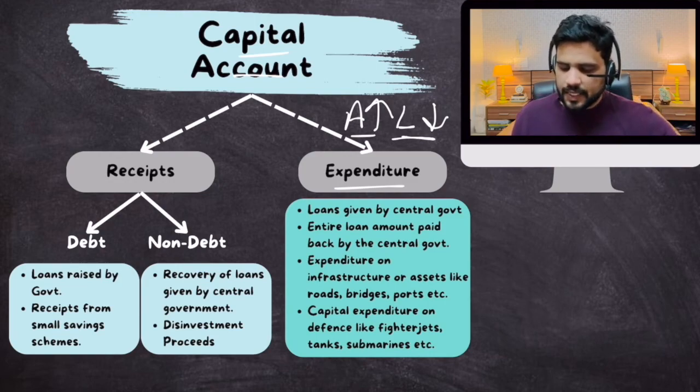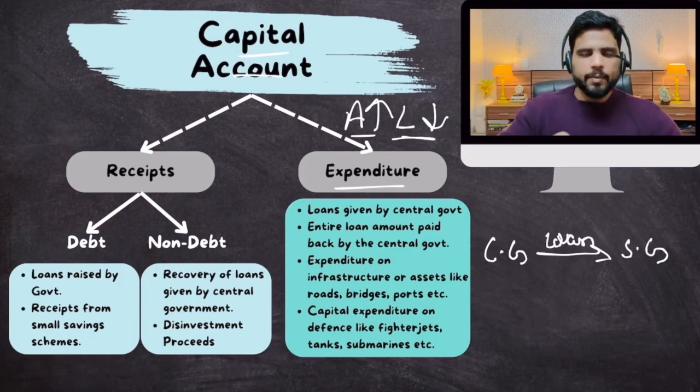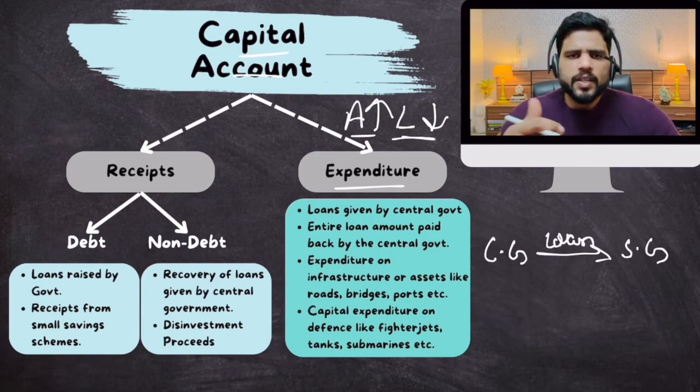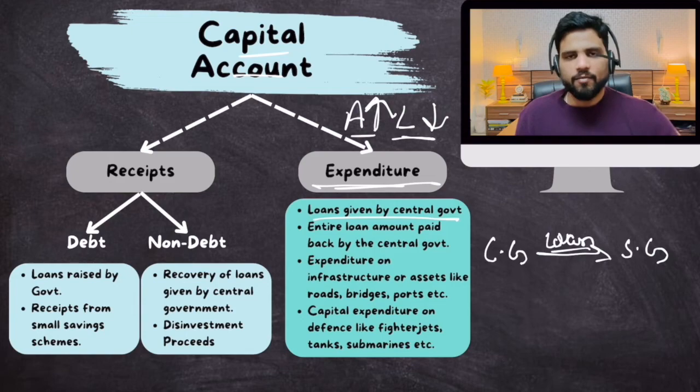Now, let's suppose central government has given a loan to state government. Now that loan is basically an expenditure of the government. Government is giving money out. But that loan is creating an asset because all loans are assets. So the asset of central government are increasing. Yes, capital expenditure. Loans given by central government.